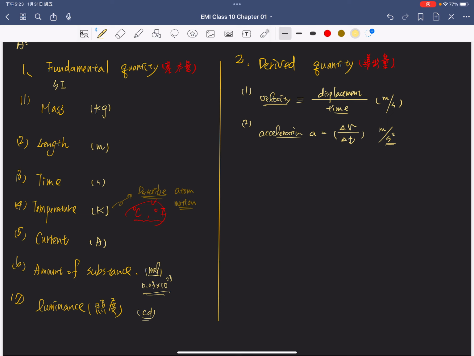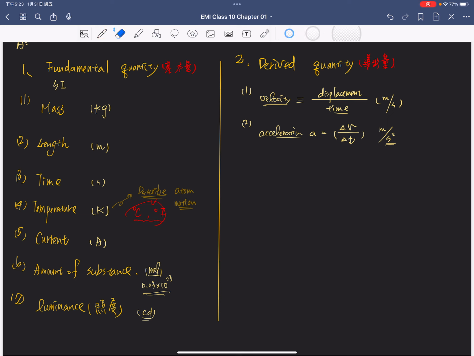There are lots of very common derived quantities, and I just address some important examples.